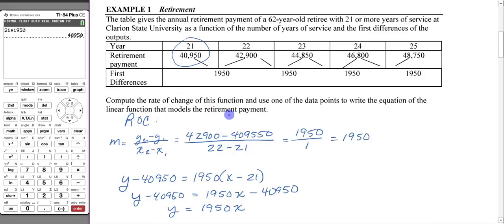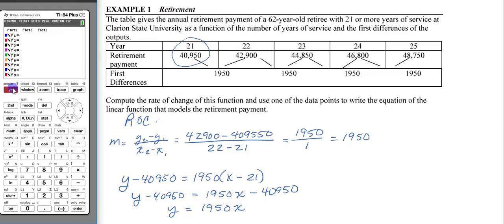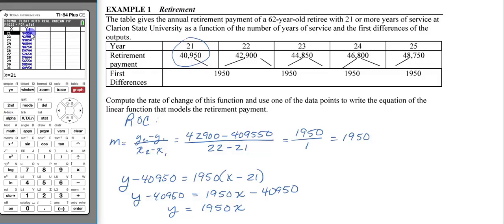So we can even check to see that this works with each of these inputs. If you want to do it quickly, you can put this y equals 1,950x into your grapher, but then set your table so that we start at 21. So when we look at our table, we have year 21, you have a retirement of 40,950.